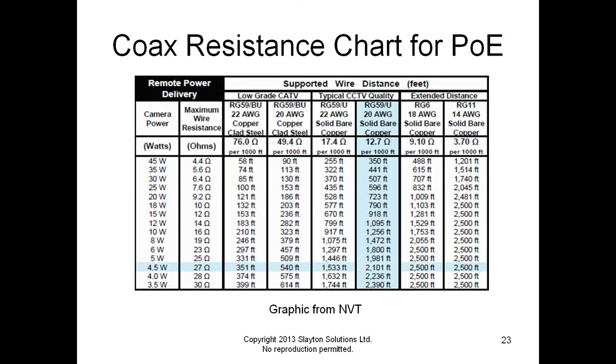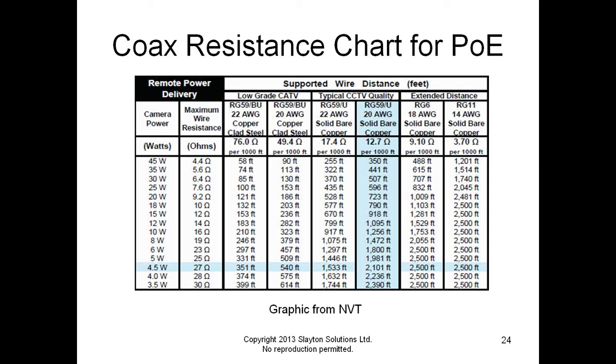So when we look at the manufacturer, whether it's Veracity or NVT or Ultronics or Lanpower, ComNet, they're going to have information, a chart, they might have an Excel spreadsheet. They'll have something that tells you, okay, based on the resistance of the cable, this is how much power you can push through this cable.